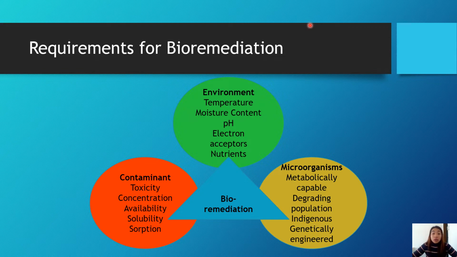Moisture content: most microorganisms require moisture for cell growth and in order to function. This affects diffusion of soluble nutrients into and out of the microbial cell. 45 to 50% water holding capacity of soil is optimal for hydrocarbon remediation.